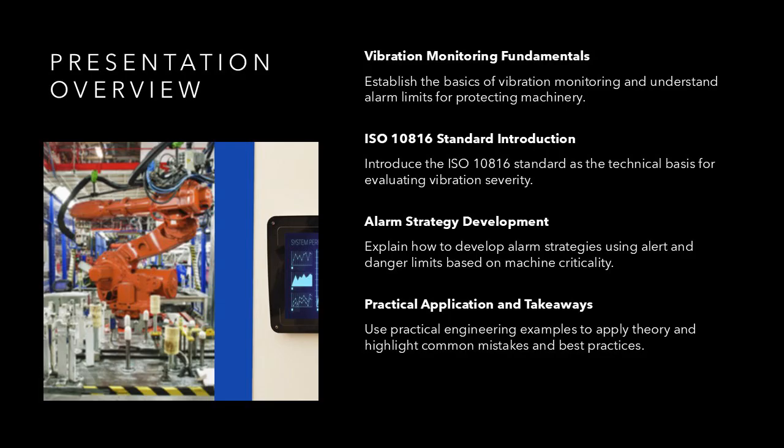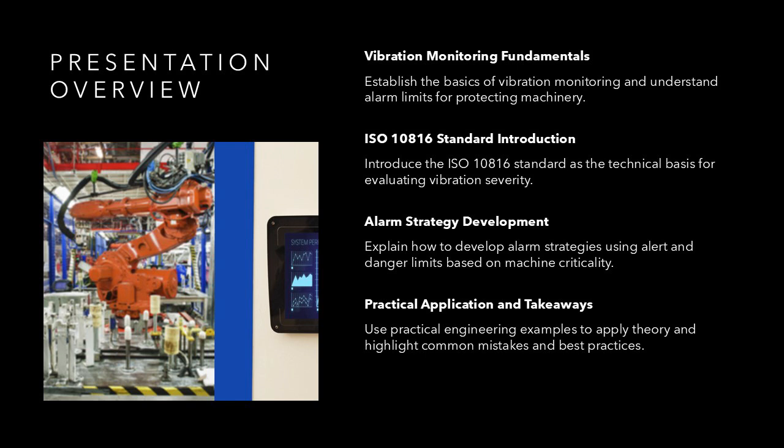This slide outlines the structure and learning objectives of the presentation to ensure a clear and logical flow. The session begins by establishing a common understanding of vibration monitoring fundamentals and the role of alarm limits in machinery protection. It then introduces the ISO 10816 standard, which provides the technical foundation for vibration severity evaluation.